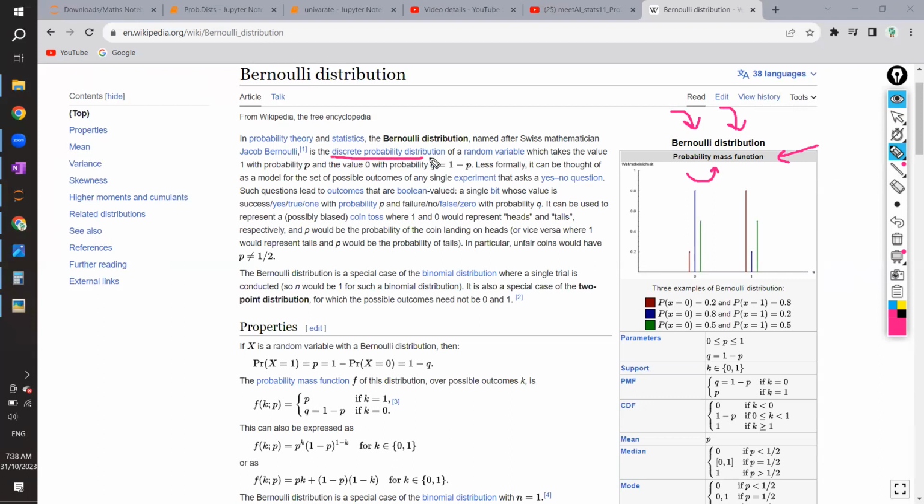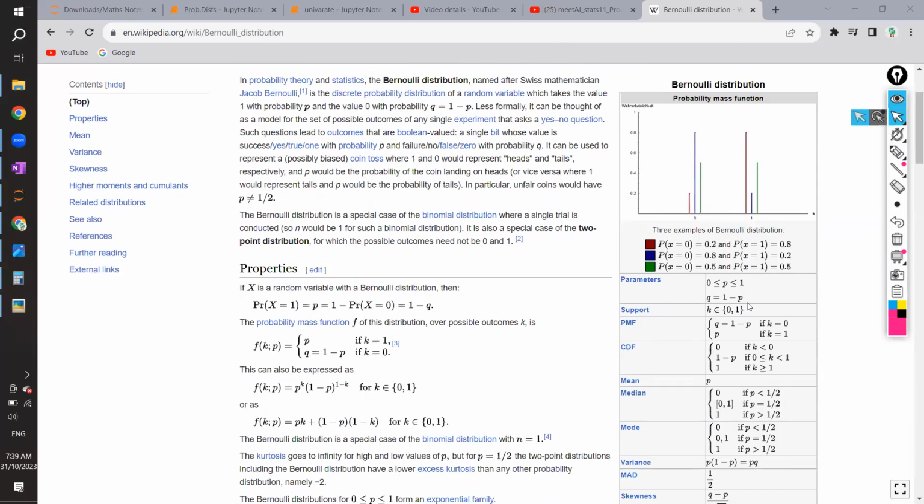You can see the discrete probability distribution of a random variable. Using discrete variables you can create many distributions, not only Bernoulli. One of them is the Bernoulli distribution, and because it is a discrete random variable, the function is called PMF, probability mass function.